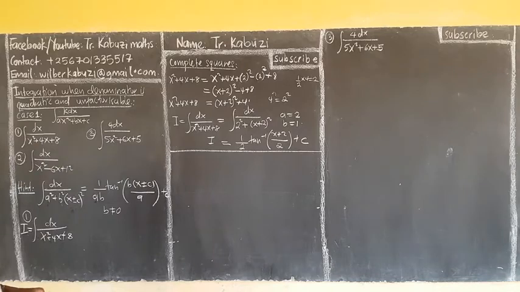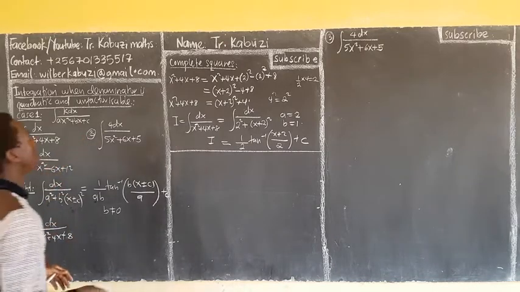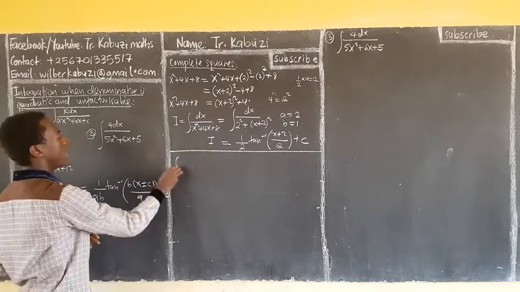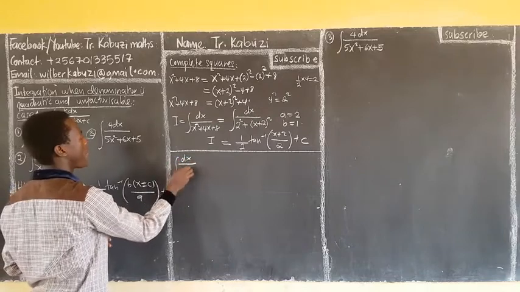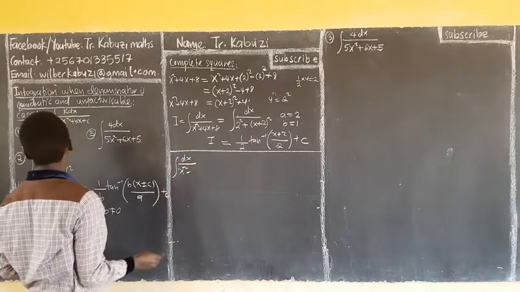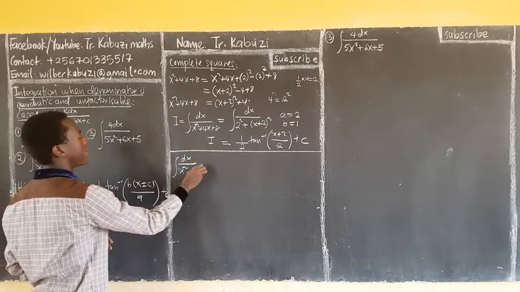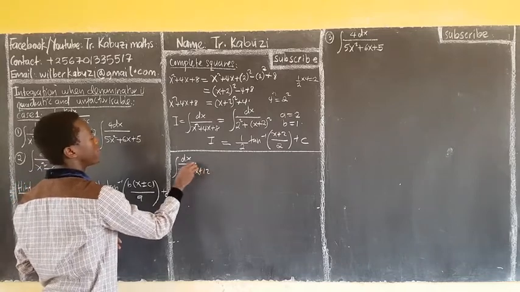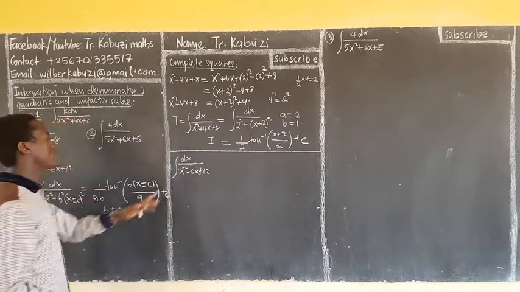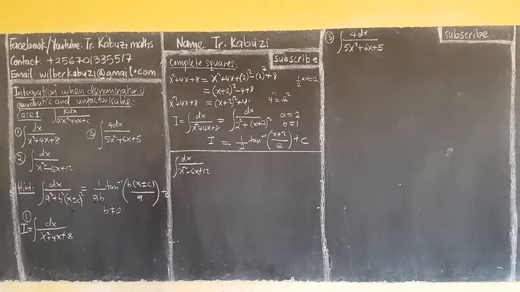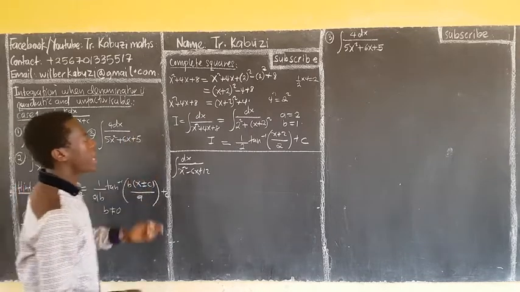When I come now to number 2, it says dx over x squared minus 6x plus 12. The same thing: we first complete squares for this. I think we have got the idea.